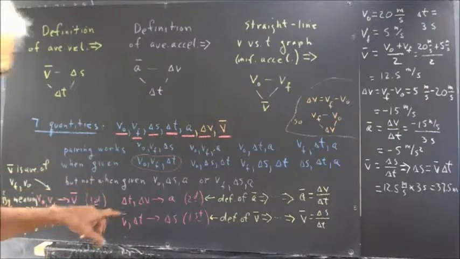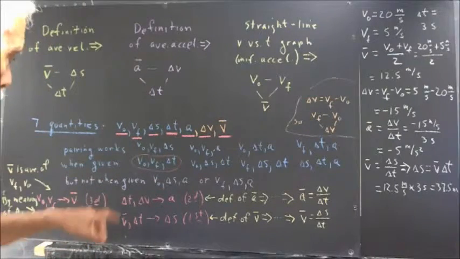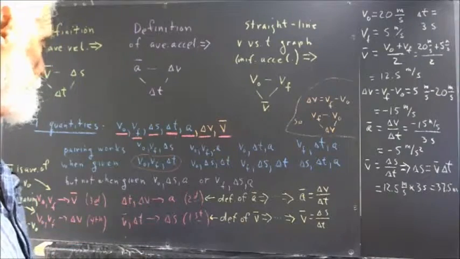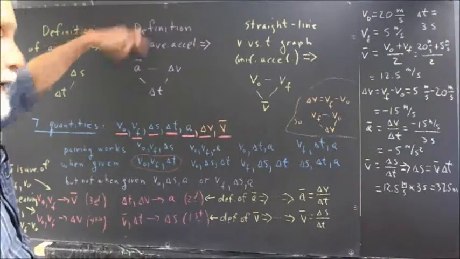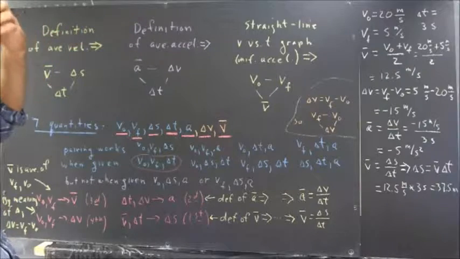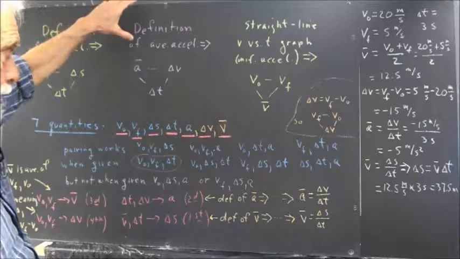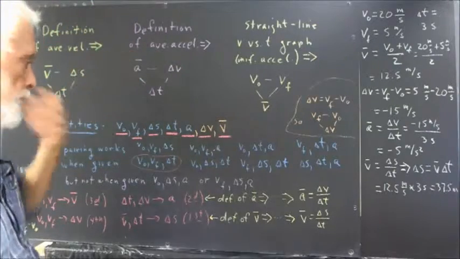Now, over here, we got to do a little more thinking. Okay, how do delta V and delta T give us A? Well, this comes, as we've noted up here, from the definition of average acceleration. And we have already thought through the definition of average acceleration and how it gives us this.